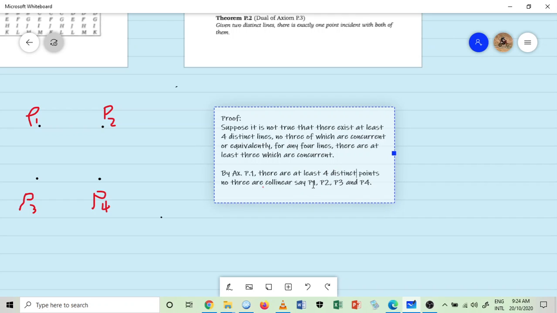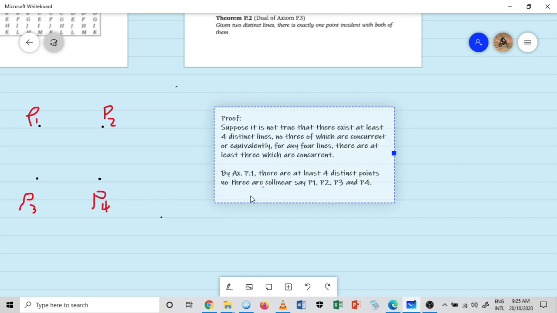Meaning, P1 cannot be the same as P2, nor P3, nor P4. P2 cannot be P3, nor P4, and P3 cannot be P4. They are pairwise distinct, or each is different from the other three.